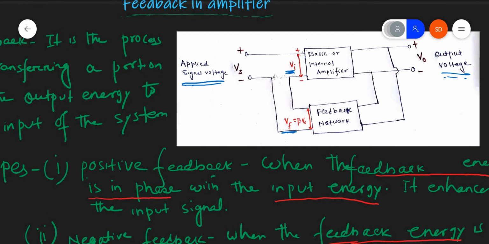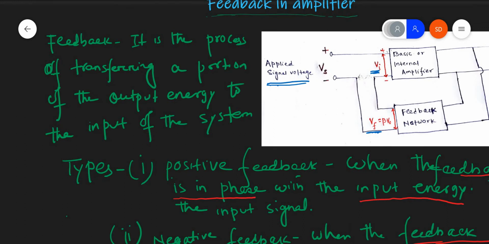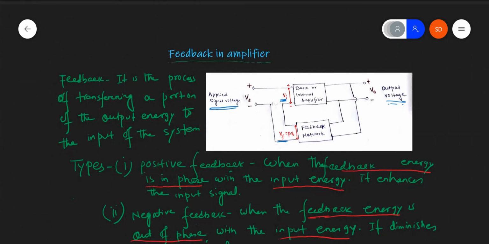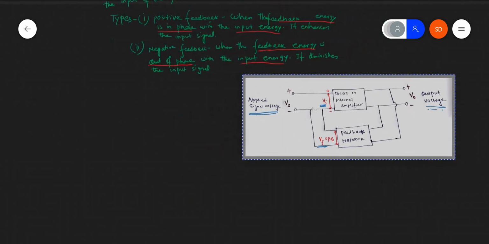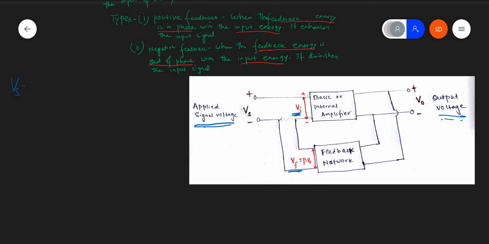Here I am using this diagram to derive. If you carefully look into the diagram, Vs is the input signal voltage.